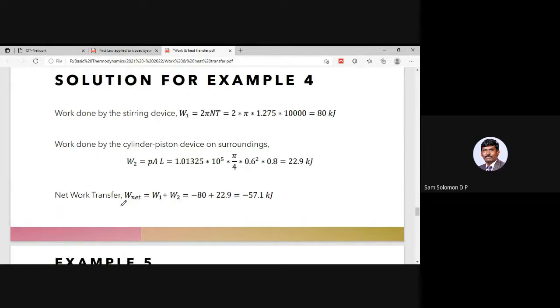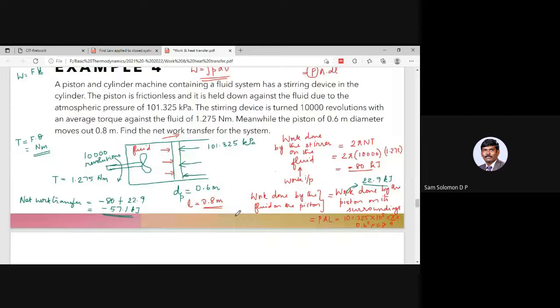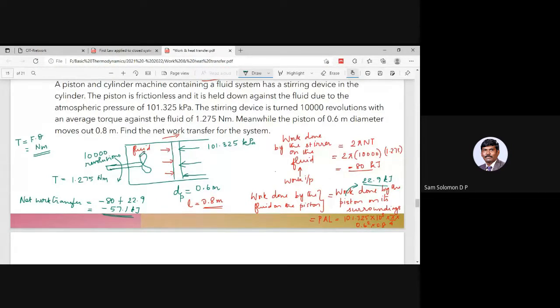In the previous case, I told you that whenever there is a reduction in volume, you can take that as work input. If you look at this scenario, you have to visualize this problem.